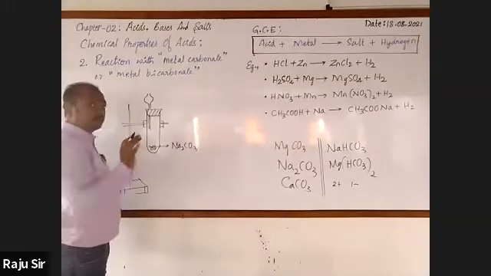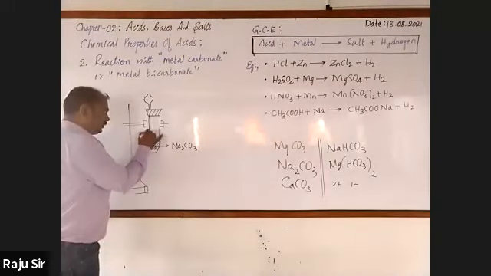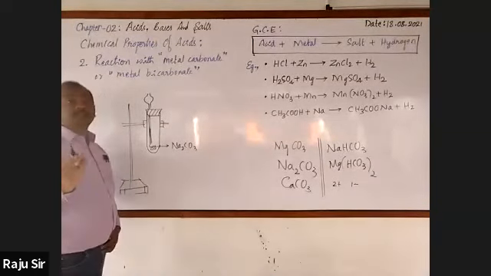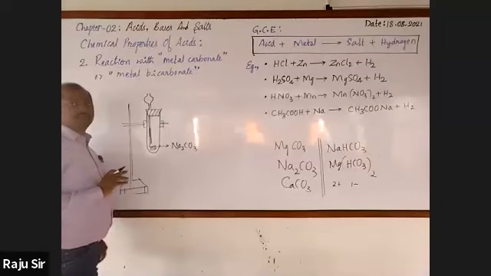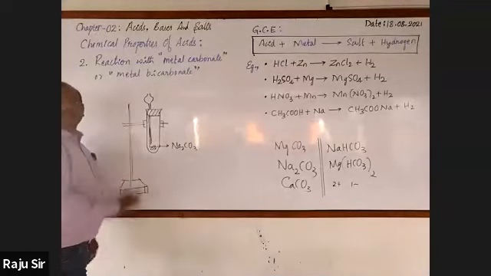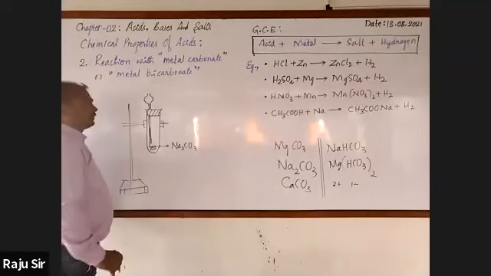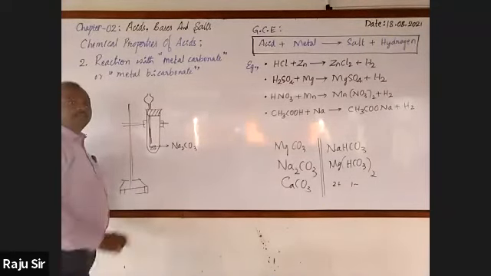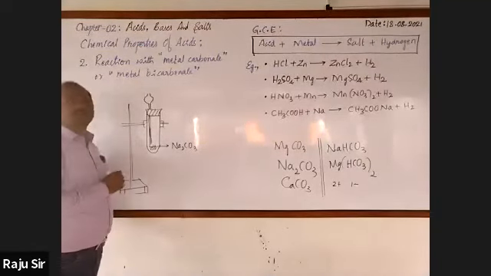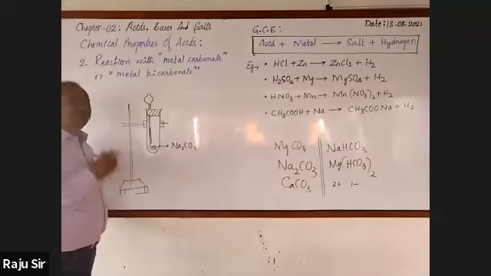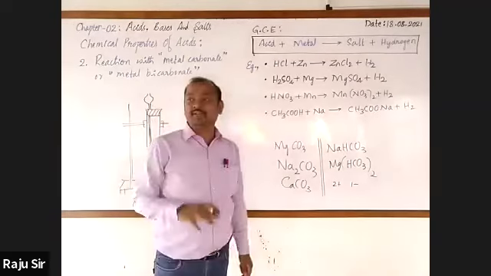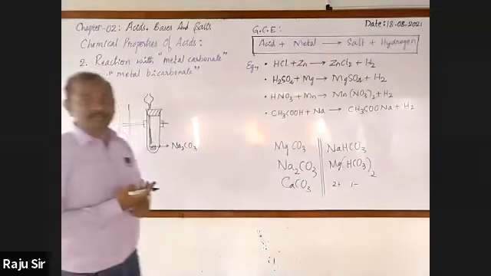You can add acid directly, but we particularly use this thistle funnel when using concentrated acid, only for safety purposes. In the other hole, we fit a delivery tube. The delivery tube is used when gas is liberated.